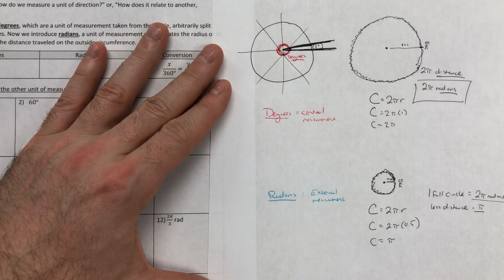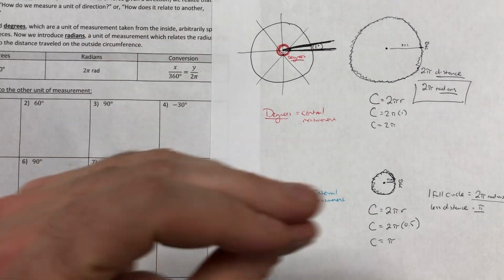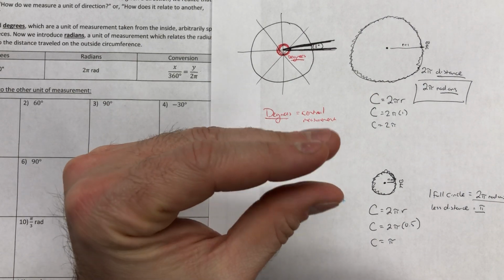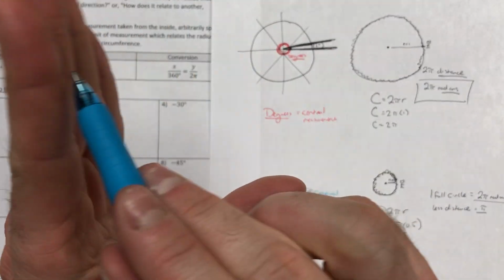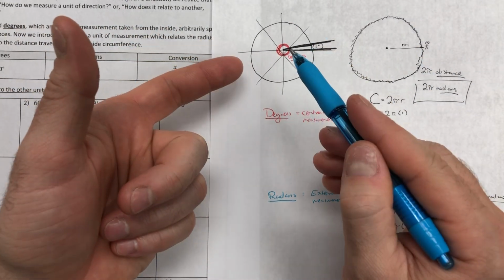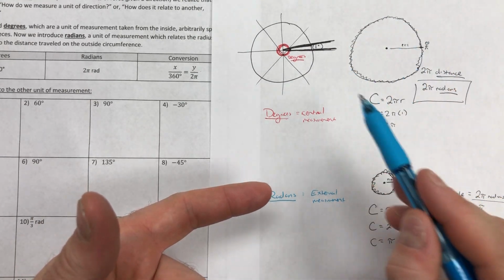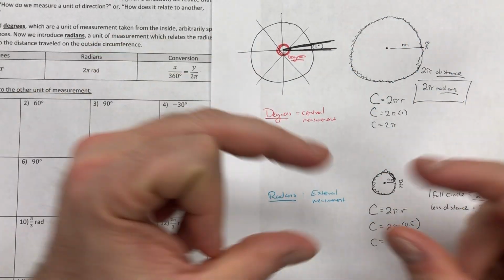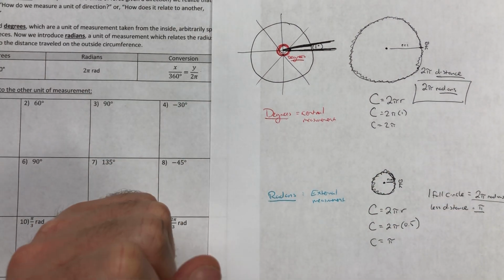They both measure the same thing. How far around something did you go? What is that measurement of rotation as you open something up or move something around, in this case, in a circle? Well, degrees, we arbitrarily split into 360. With radians, we look at the length around a standard circle, and then no matter how big or small that circle is, we find that length as well.